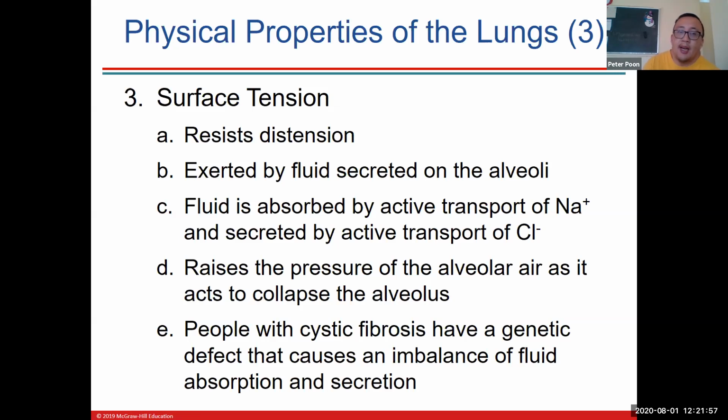Okay. The last concept I want to make sure you guys understand is this concept of surface tension. Okay. Water molecules like each other and they want to stick to each other. And so that generates a tension, like they don't want to split apart, so they want to stick together. And then that means there's a surface where a lot of water molecules want to stick together.